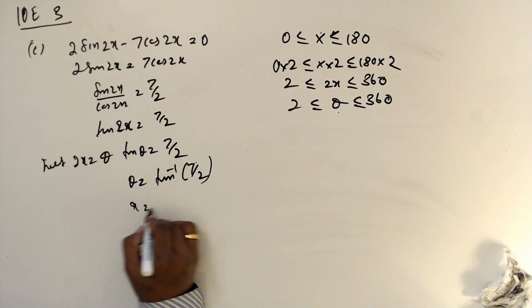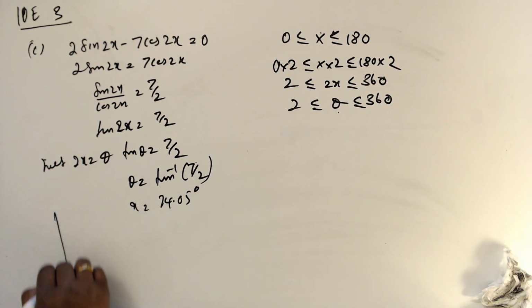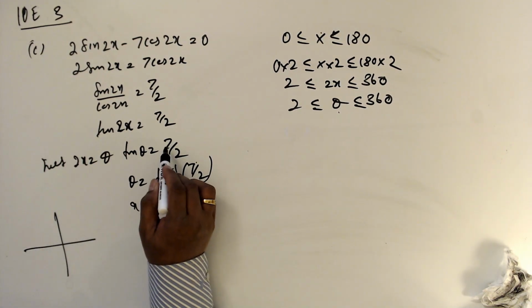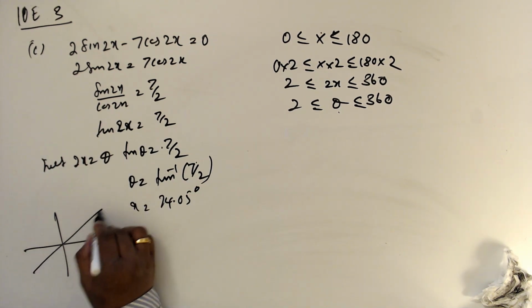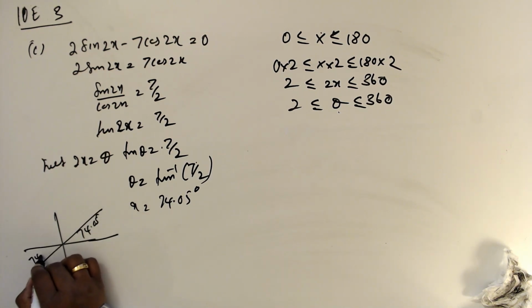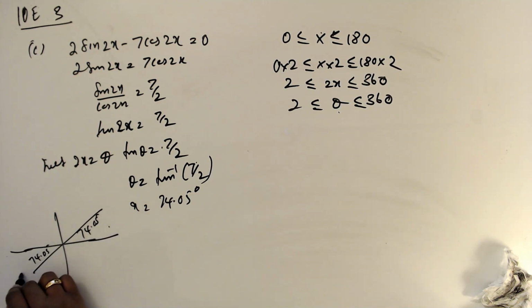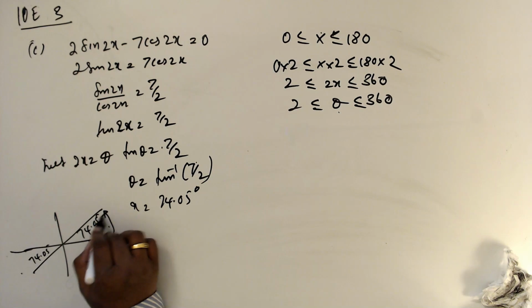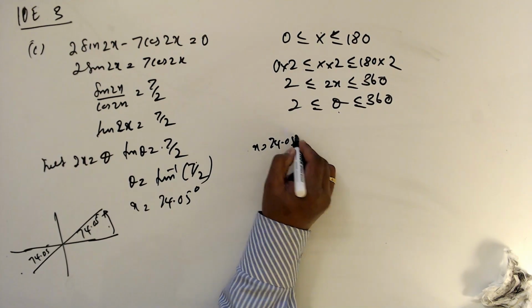It means θ equals 74.05. So this is tan positive and this is an acute angle. So 74.05, and 74.05 again, because in the first and third quadrant tan is positive. So this is one answer, 74.05.